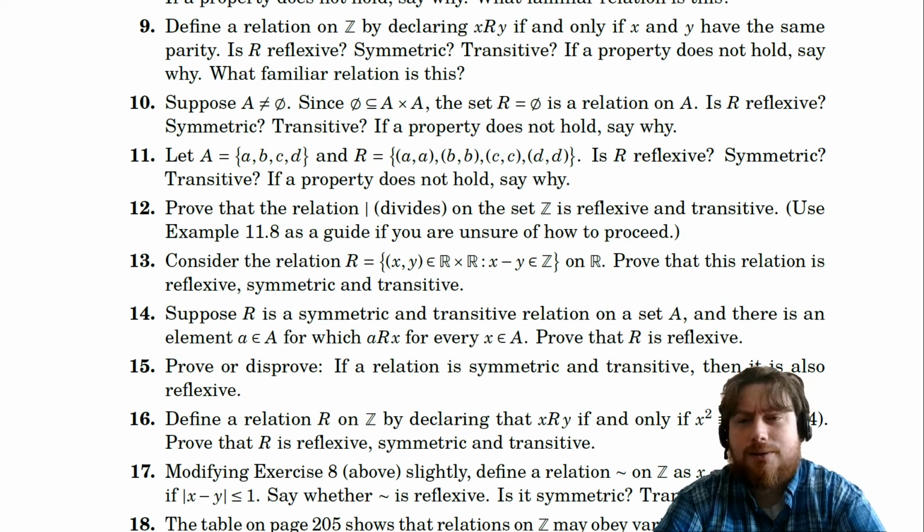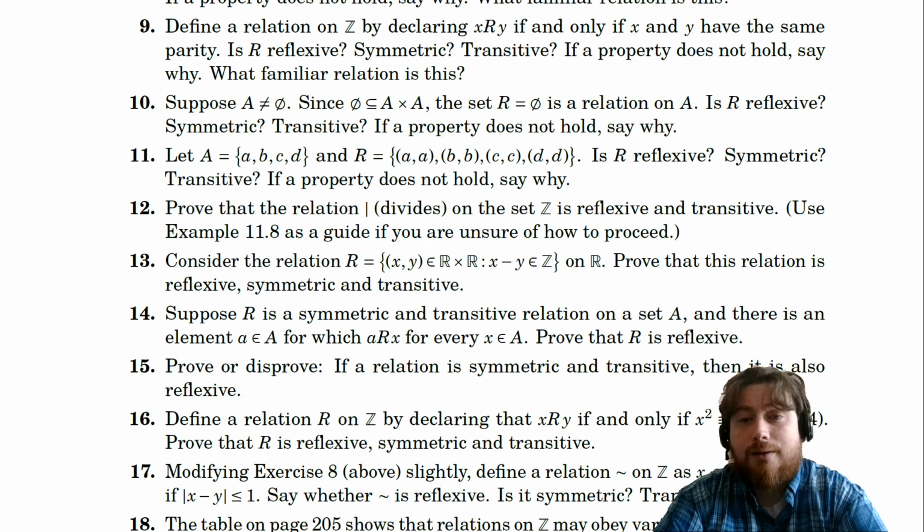But the point here is you just let y be in A. What we know then is A is related to y because A is related to everything. But since it's symmetric, y is also related to A. And then because it's transitive, y is related to A and A is related to y, hence y is related to y. So there's a quick walkthrough of what the proof would look like.